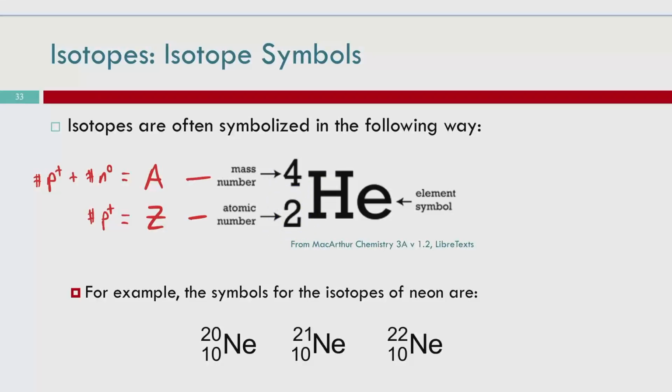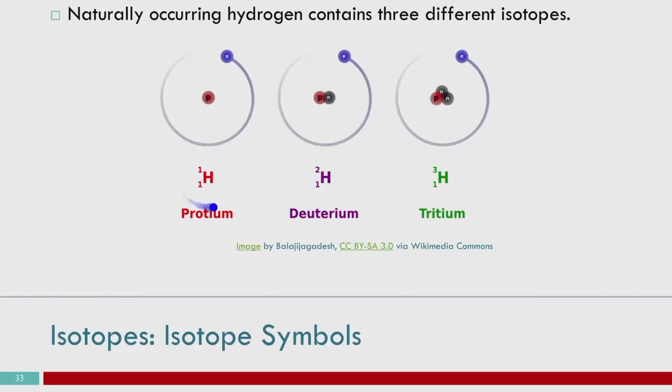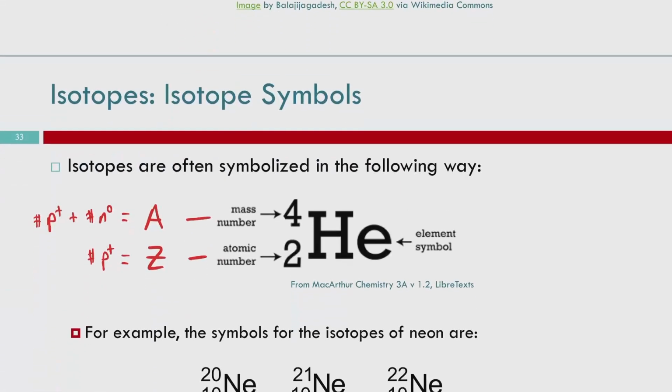The only time it'll be equal is in protium. Every other time, we're going to have big number over little number. So it's A over Z, and it's also big number over little number.